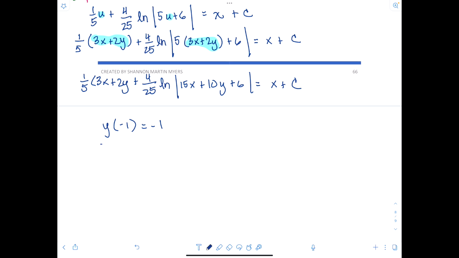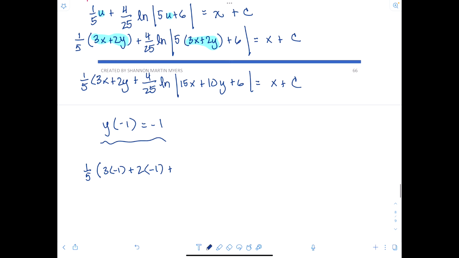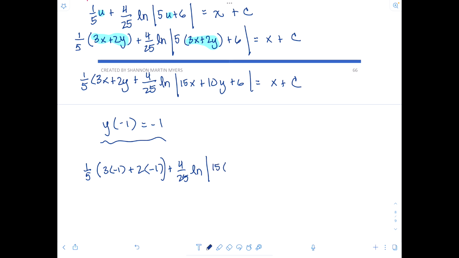We will have 1/5 times 3 times negative 1 plus 2 times negative 1, sorry, there's an end parenthesis, and then plus 4/25 times natural log absolute 15 times negative 1 plus 10 times negative 1 plus 6 equals negative 1 plus c.